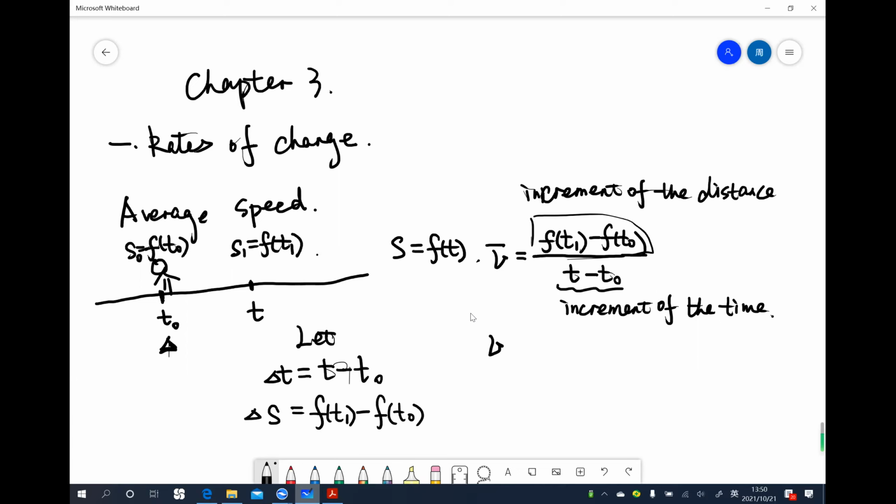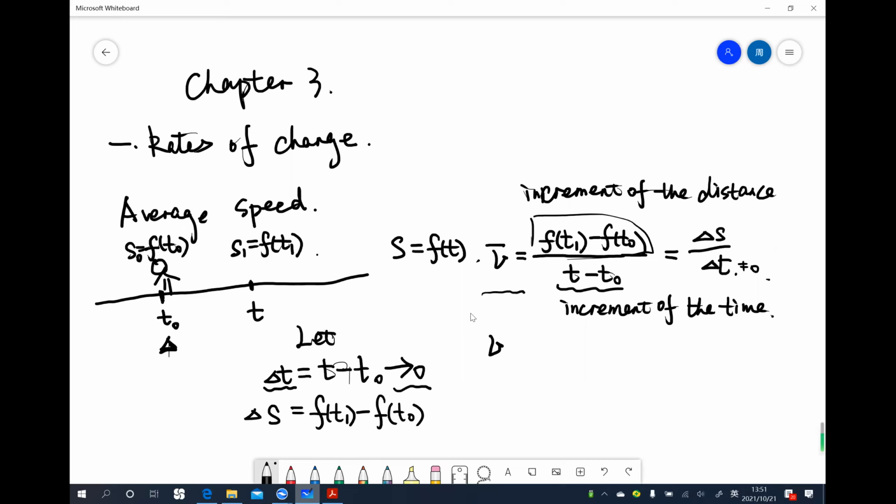So the average speed we can also write as delta s over delta t, right? If I want to know the moment t0, then delta t approaches 0, right? But we cannot use this formula because the denominator cannot be 0. So if delta t approaches 0, how can I calculate it?